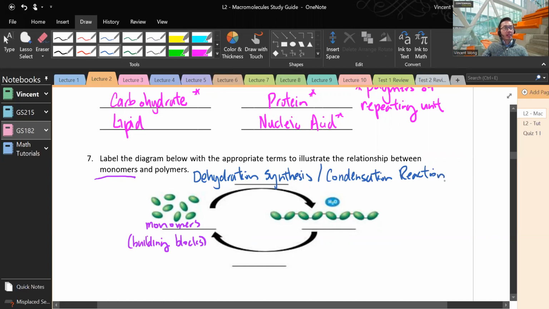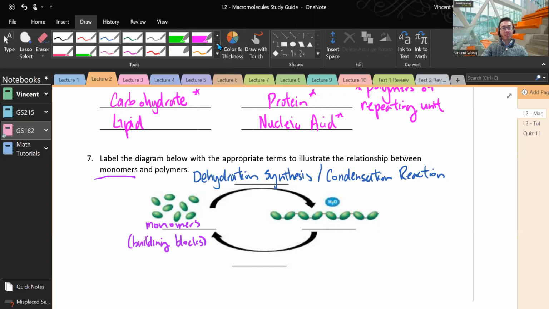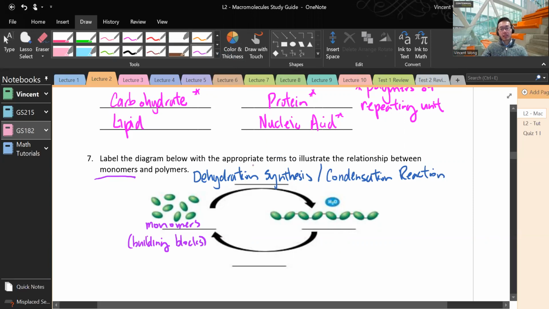One of the frustrating things about biology is they usually have several big terms referring to the same thing sometimes. So why is it called condensation reaction or dehydration synthesis? Because in order to add the monomers together, you have to remove a water molecule. So every time you form this bond, you are going to remove a water molecule.